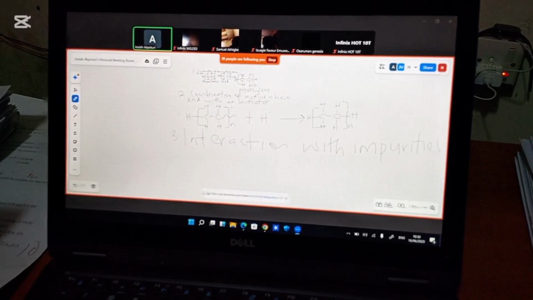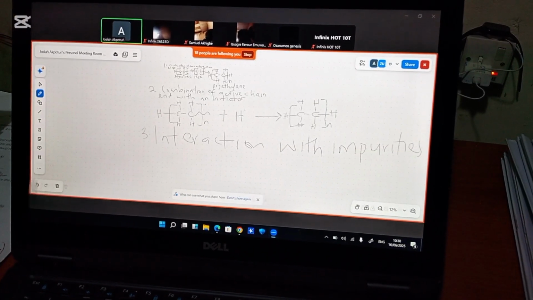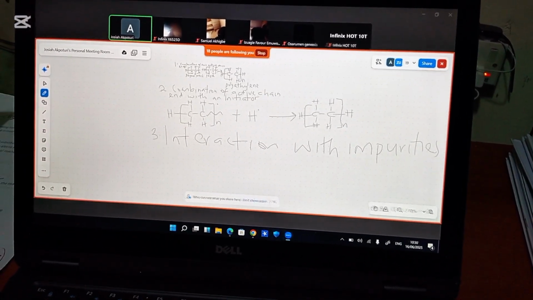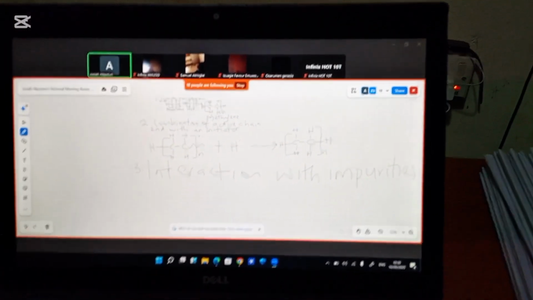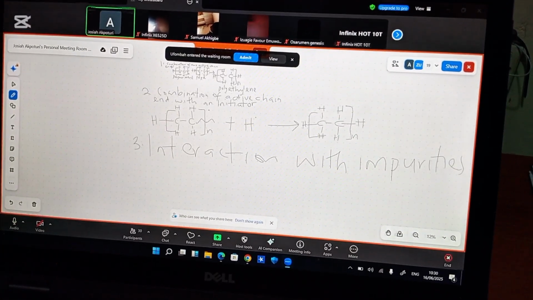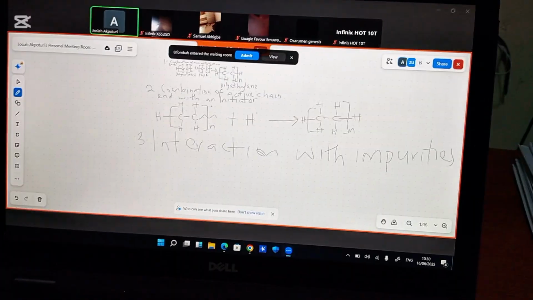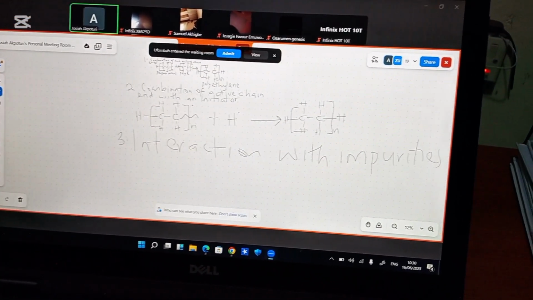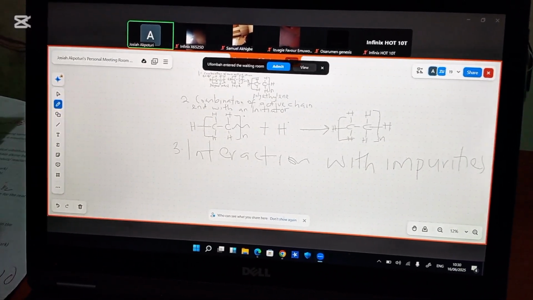If the impurities are radical, then the polymer formed will have a terminal impurity. But if the impurities are molecules, then radical character will be transmitted as part of the impurity.